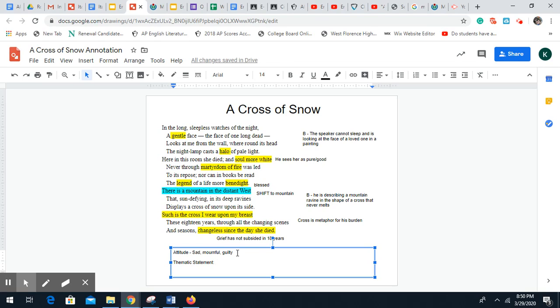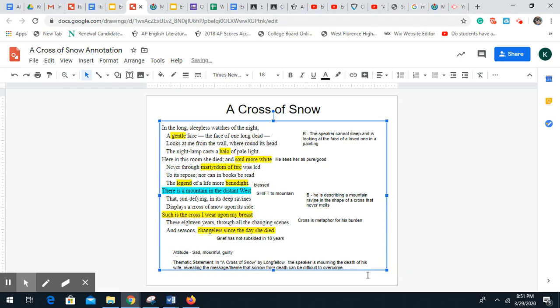So I'm going to go all out and say, in A Cross of Snow by Longfellow, the speaker is mourning the death of his wife, revealing the message or theme that sorrow from death can be difficult to overcome. Okay, and that's the message. So there we go.